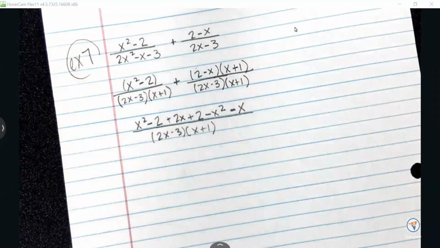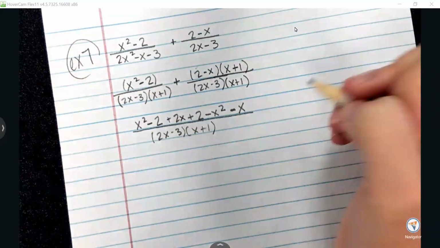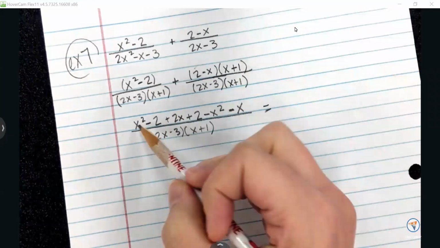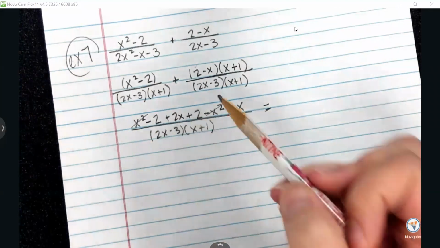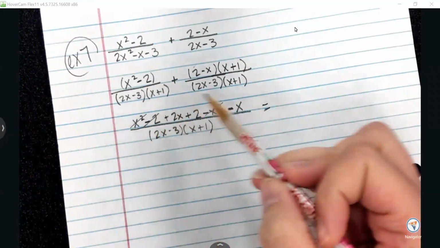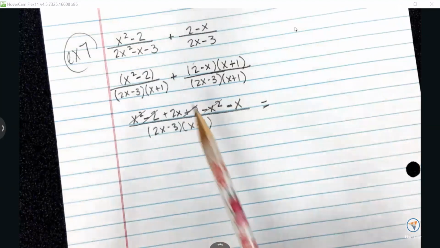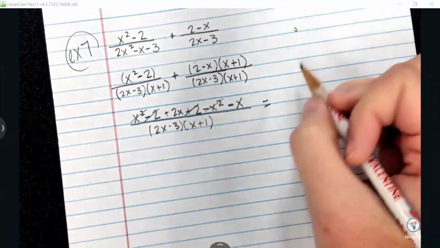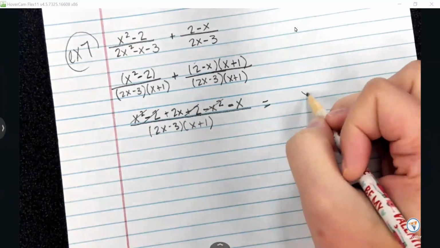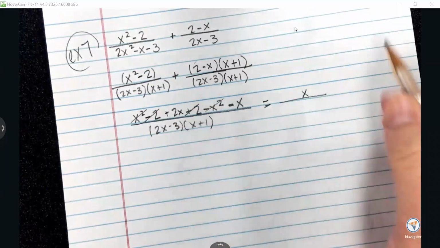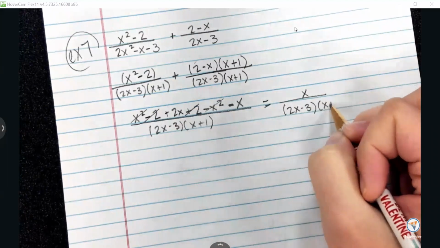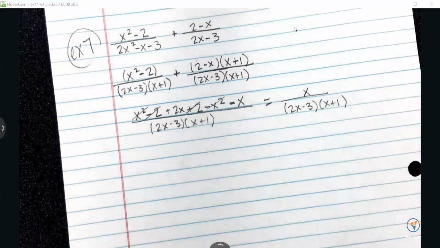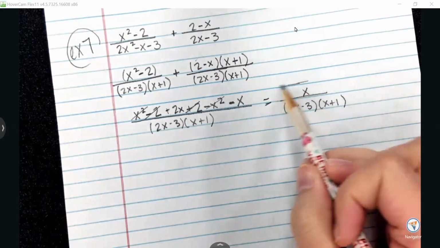So now I have x squared minus x squared, that's 0. I have a negative 2 plus 2, that's a 0. And then I have a 2x minus x, which would just give me x all over my denominator. Can anything cancel out? So this would be my answer.